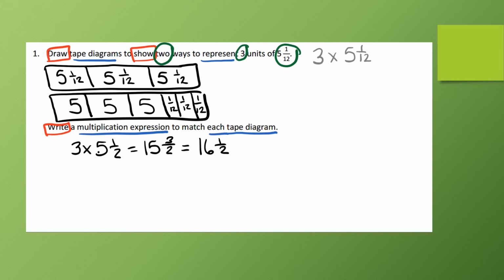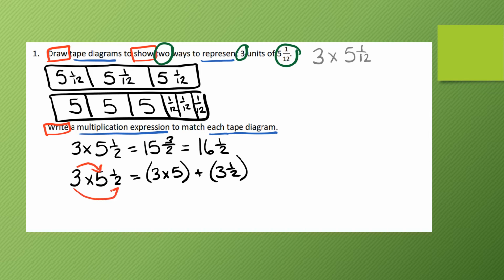Okay, but I can also distribute my 3. So I can do 3 times 5 and 1/2. Okay, but I can do 3 times 5 and then do 3 times 1/2. What I did was I distributed the 3 to the 5 and the 3 to the 1/2 and just did them separately.